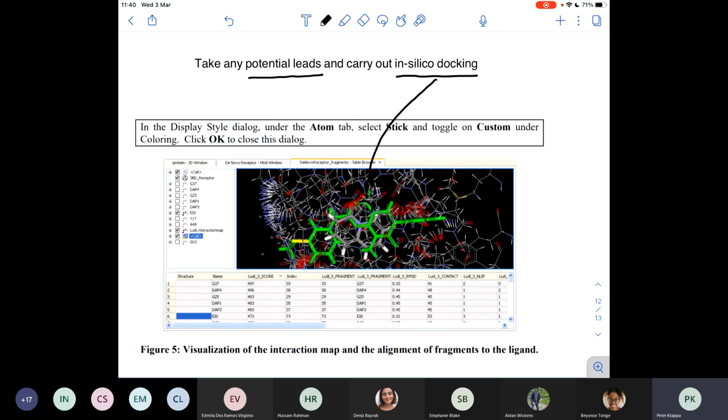So let's carry out further analysis with these leads. And for example, what we need to do then is, if we've got some interesting leads, let's say we have five potential leads, where we think that they are really good, strong inhibitors.